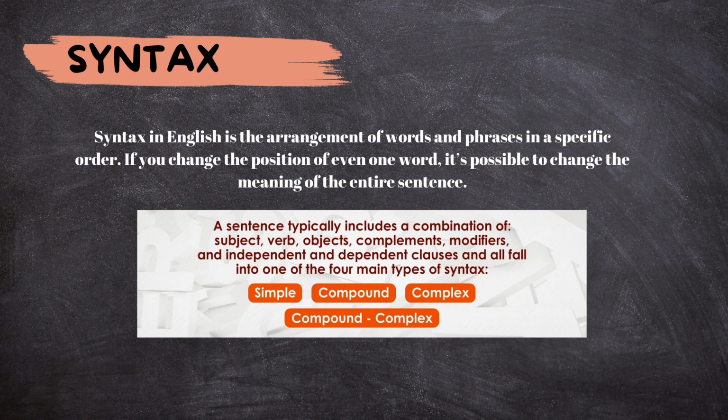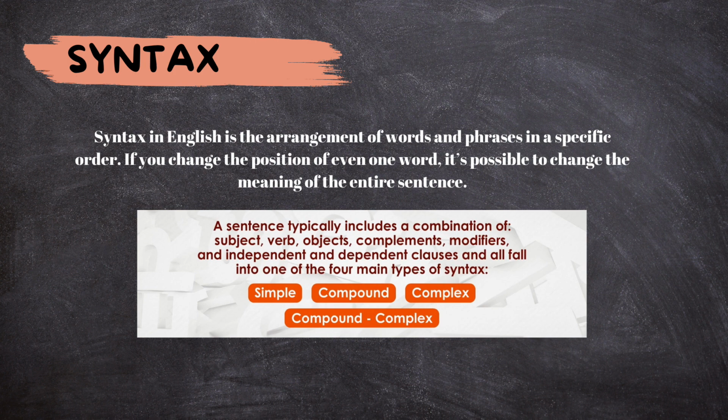A sentence typically includes a combination of subject, verb, object, complements, modifiers, and independent clauses, and all fall into one of the four main types of syntax that are simple, compound, complex, and compound-complex sentence.